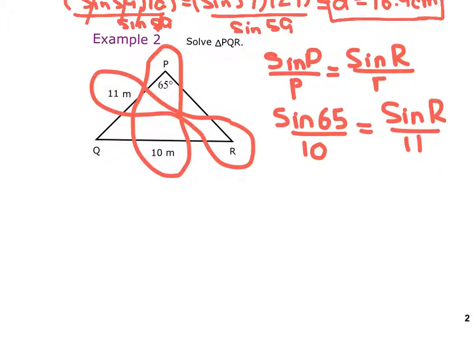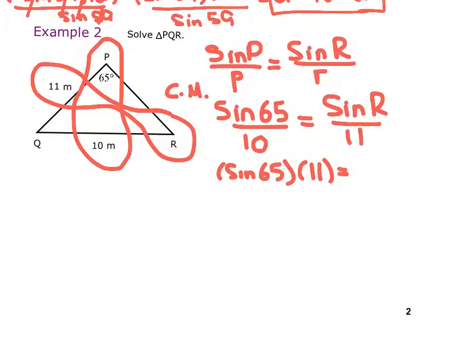Again, you're going to cross multiply here. So cross multiply. We get sine 65 times 11 equals sine R times 10.